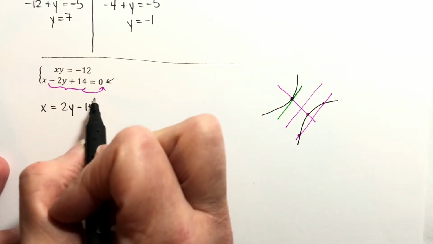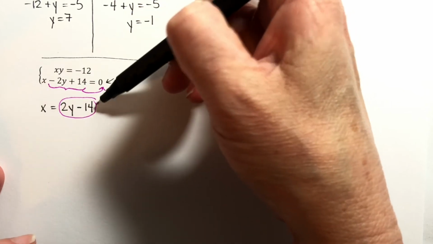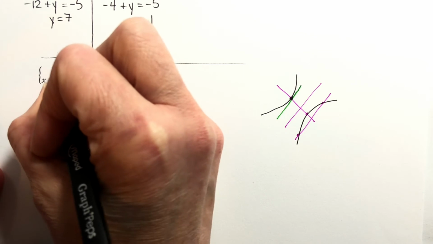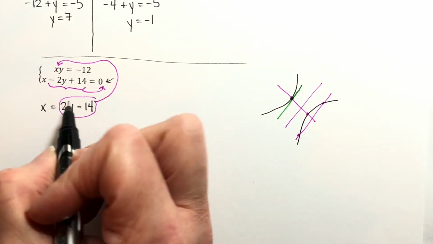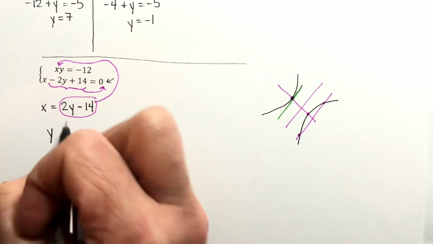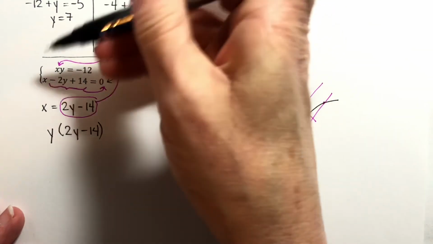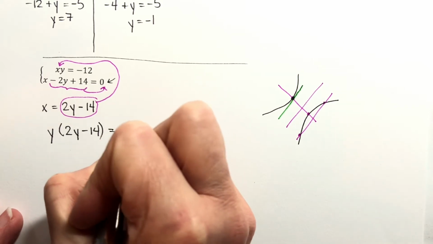Now I solved this equation for x, so I need to take this and plug it into the other one. So this is going to go right there. So what I have is, technically this is in parentheses times y, but when we have a monomial, we tend to put it in the front. I'm multiplying y and x together, and this has to equal negative 12.